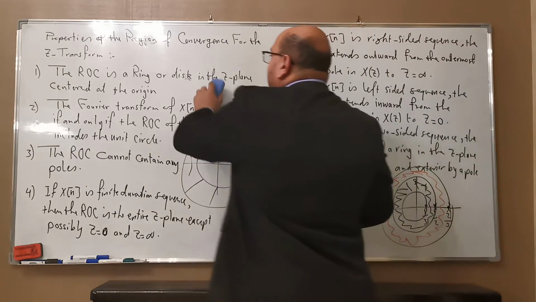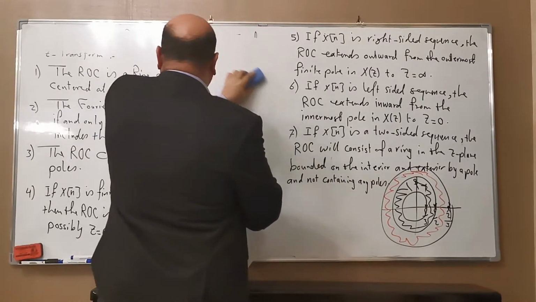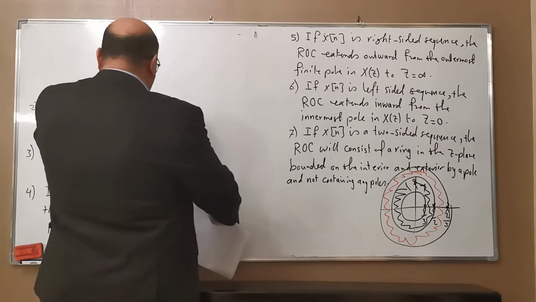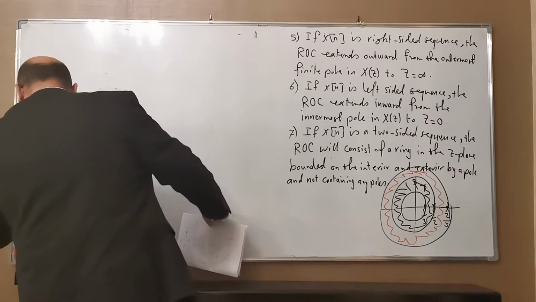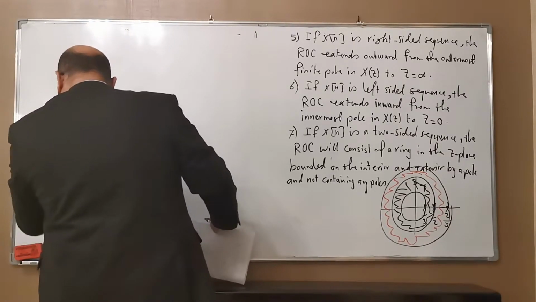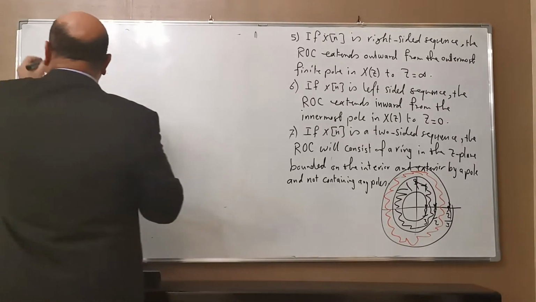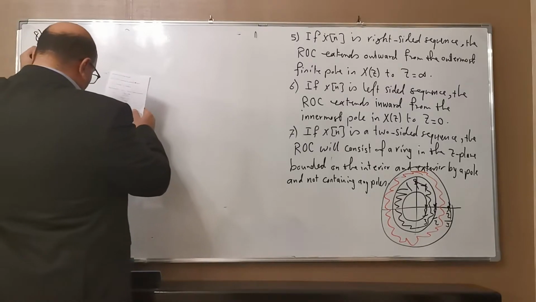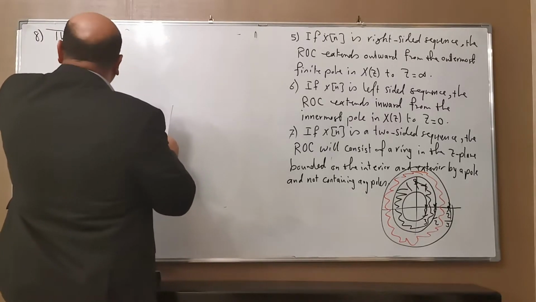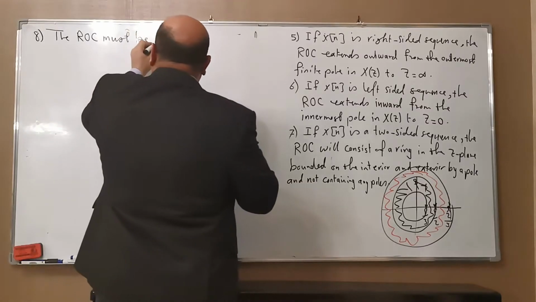Okay. The last property, which is also an important property for the region of convergence, is that the ROC is a connected set. Property eight, the ROC must be a connected region.